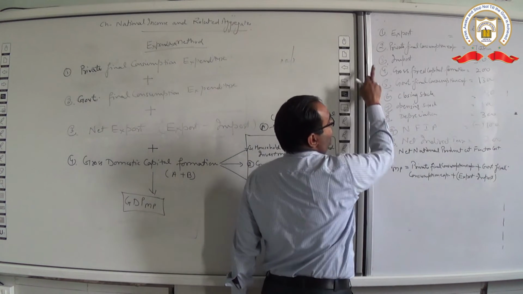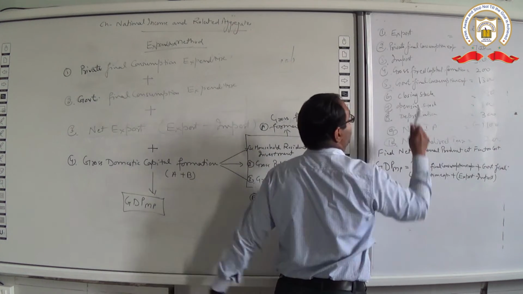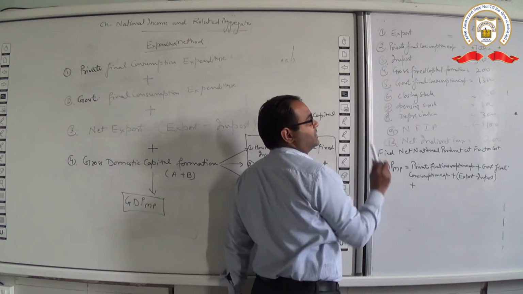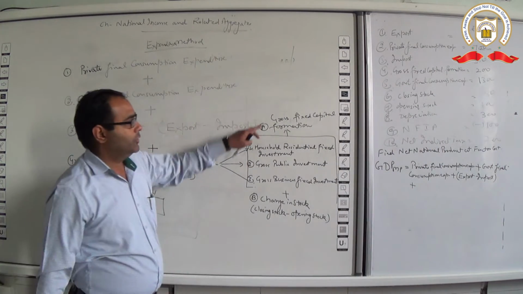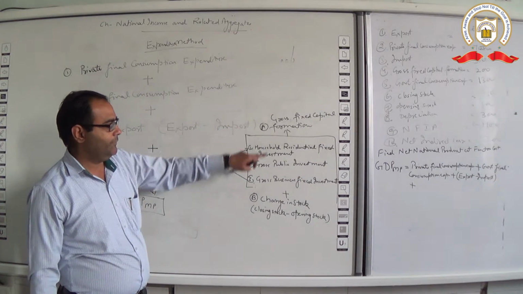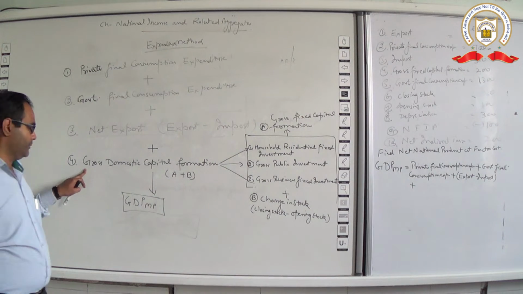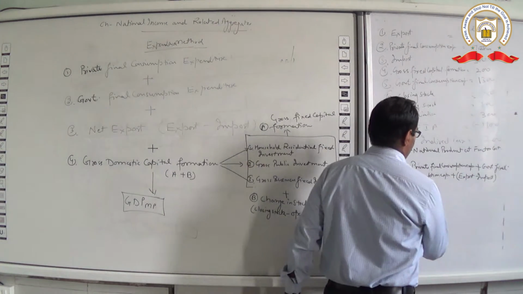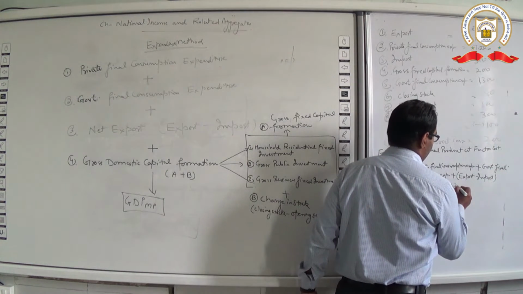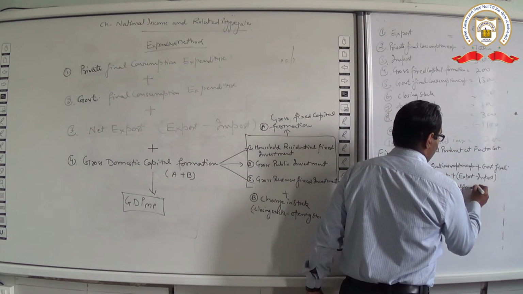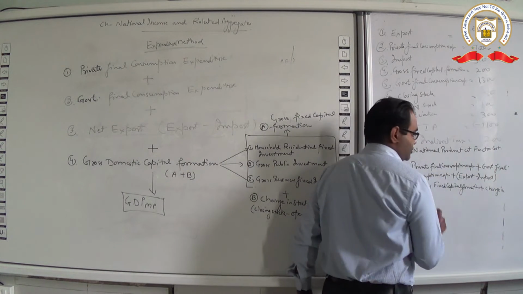Then plus gross domestic capital formation. Gross domestic capital formation is not given in the question, but gross fixed capital formation is given, and we have to add change in stock into it. So gross fixed capital formation plus change in stock.